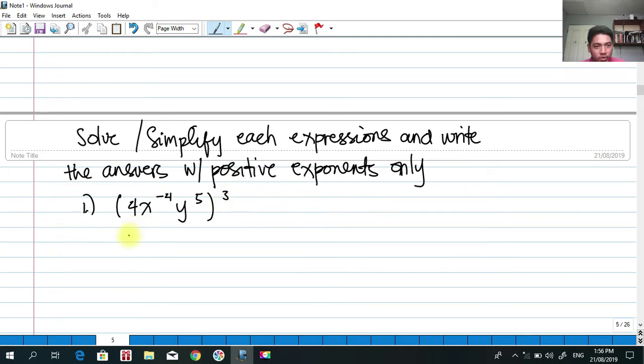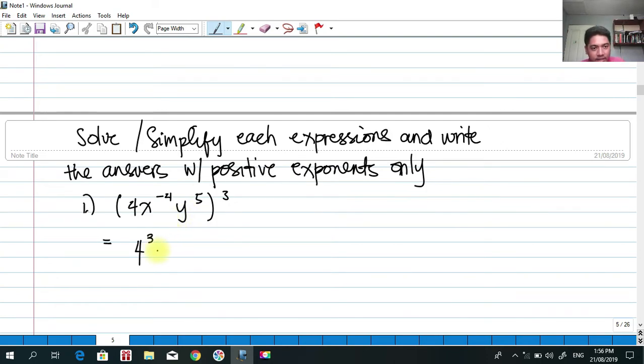Using the properties that we have learned a while ago, what will happen here is that 4 is raised to the cube. Don't forget that when we are having an exponent, 4 is still raised to the cube also, not only the variables, but also the constants.